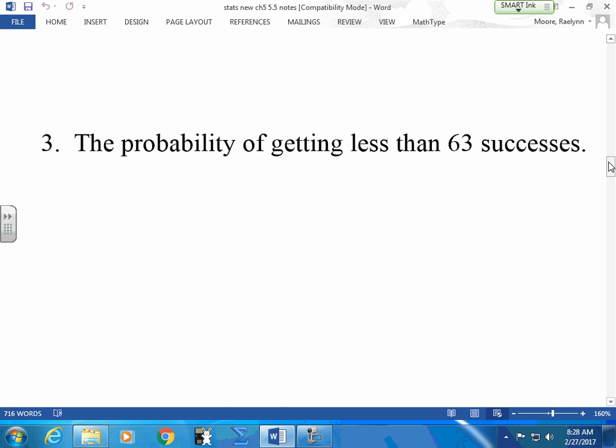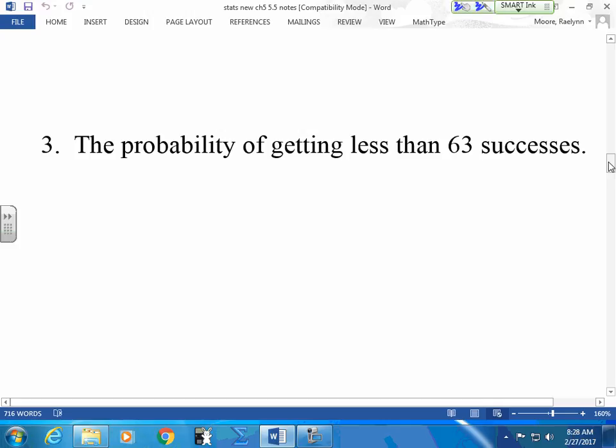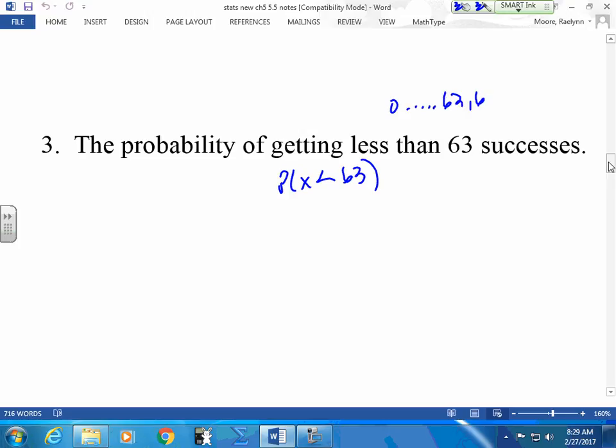Okay. What is the probability of getting less than 63 successes? So I start. I probably had started at 0. 0 successes. 62. 63. Can I use 63? Is 63 less than 63?